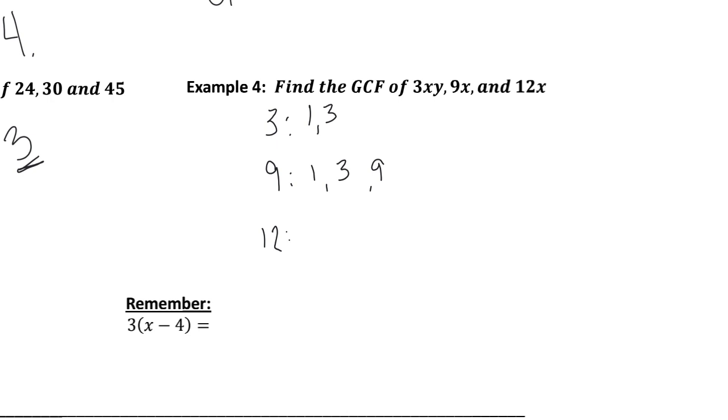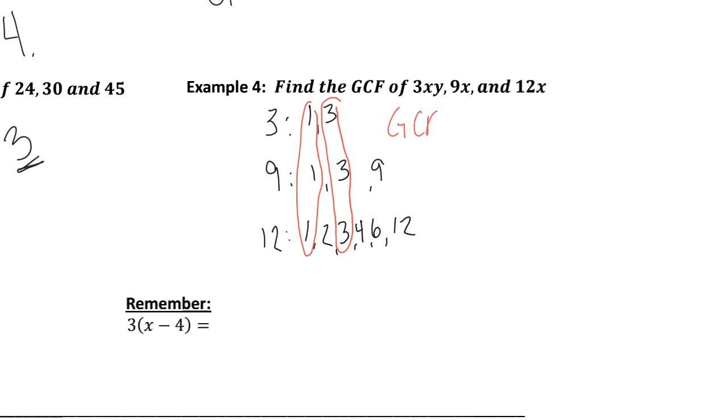Okay, factors of 12, 1, 12, 2, 6, 3, and 4. And then what do they all share? They all share 1s and 3s. So then my GCF is 3. So my GCF, at least the number, is 3.